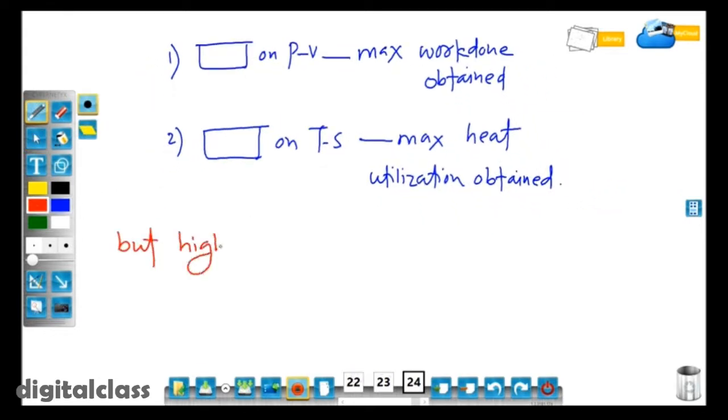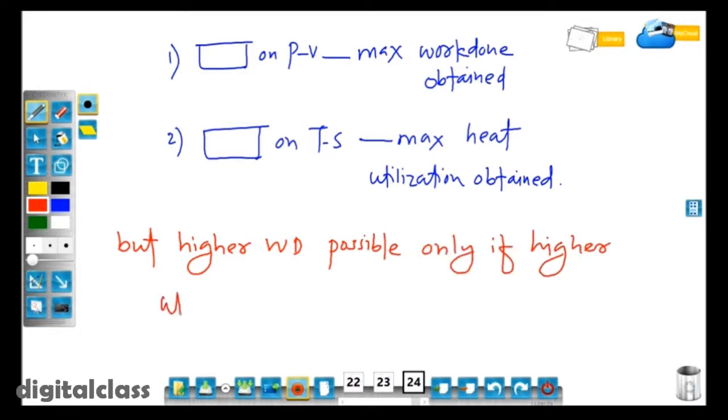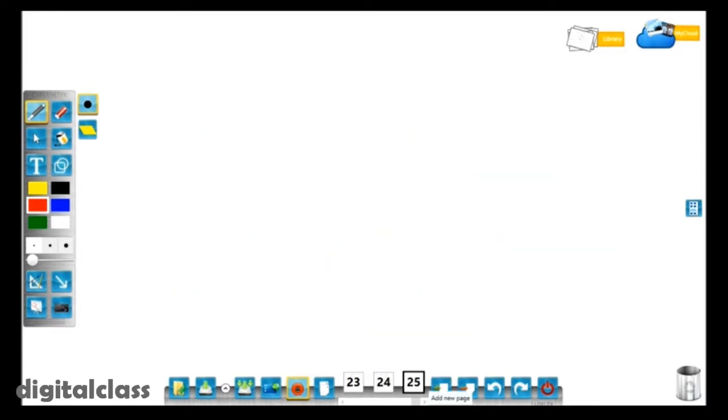But we can obtain higher work done if utilization of the heat is higher. So higher work done is possible only if there is greater utilization of the heat.